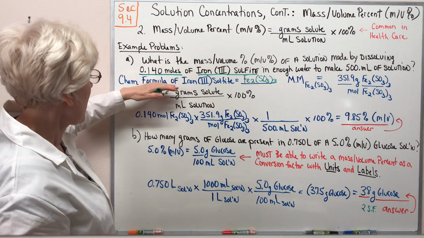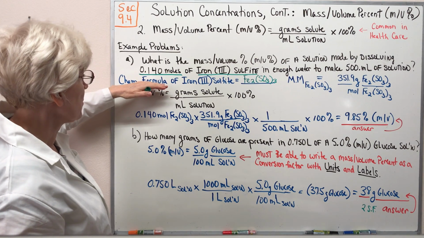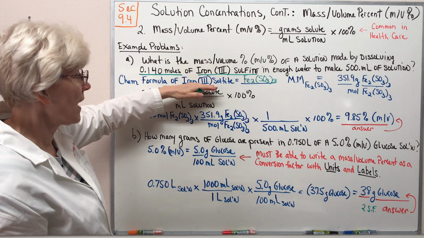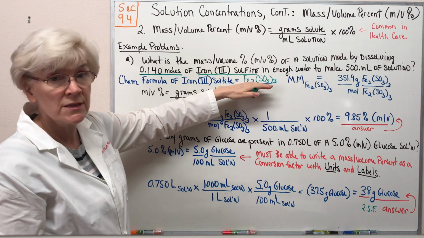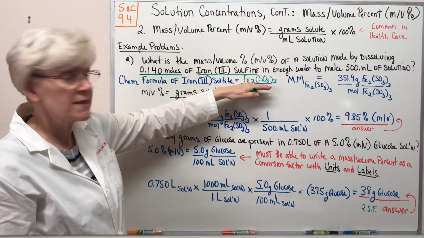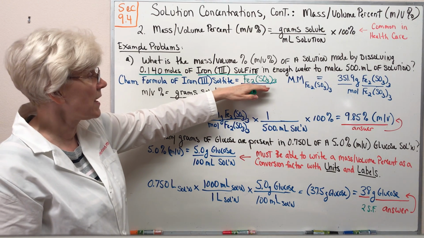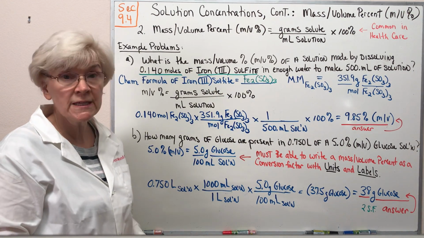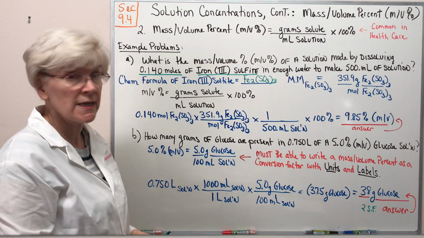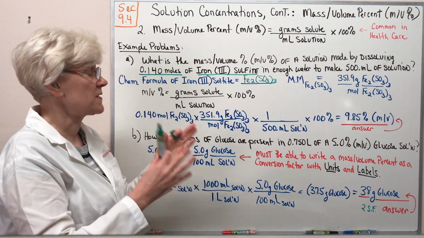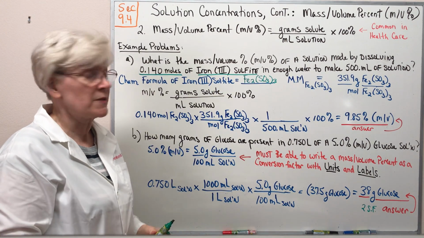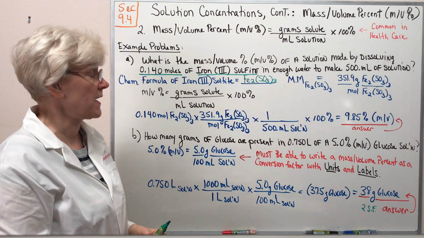Hopefully it is not a problem to be able to immediately take the name iron 3 sulfite, and those nomenclature skills are right there at the ready for you, ready to be used, and you can write Fe2(SO3)3 for the formula of iron 3 sulfite.